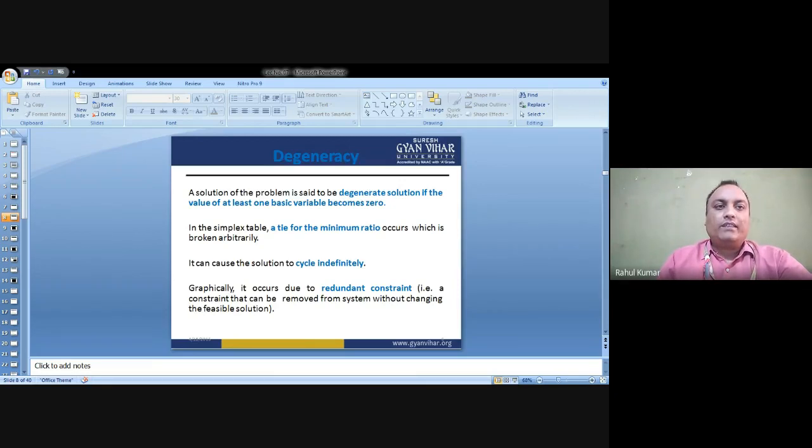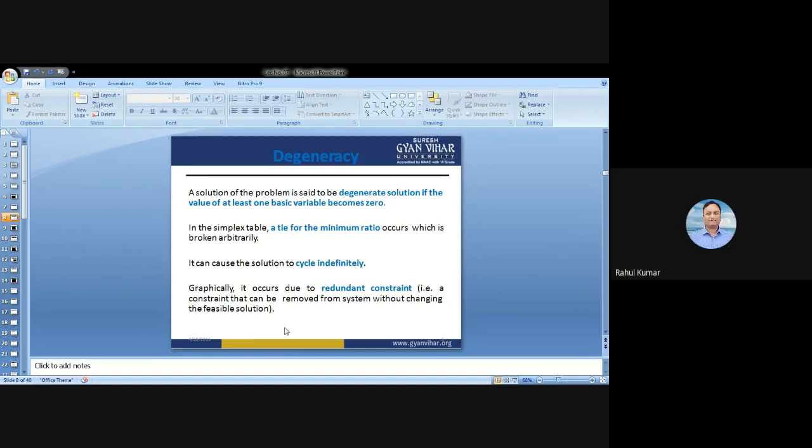A similar procedure is followed in this step, and this is the degeneracy problem.